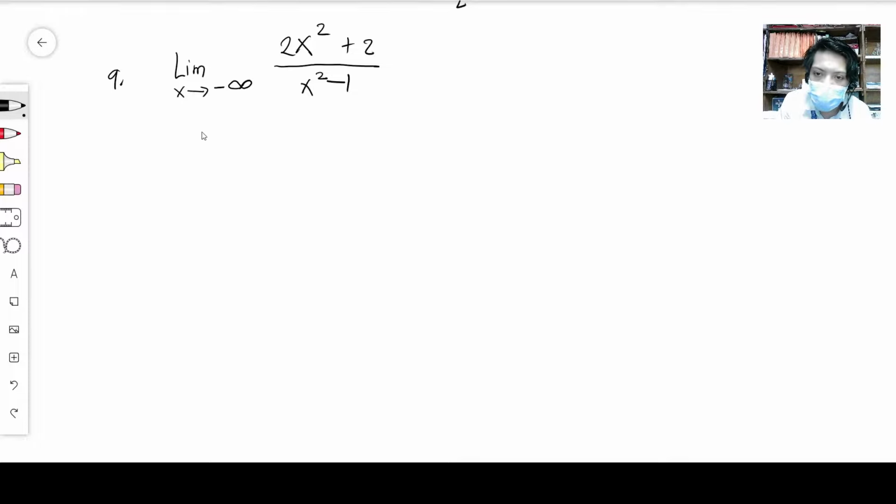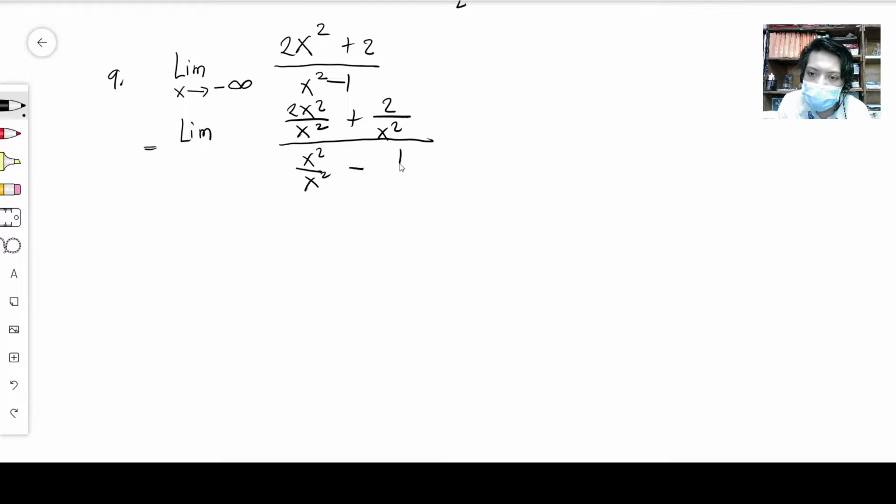Okay, let us try to solve this one. So this is equal to the limit of 2x squared over x squared. Again, we divide by x squared because x squared is the highest degree term. Plus 2 over x squared, all over x squared over x squared minus 1 over x squared. This is when x approaches negative infinity.